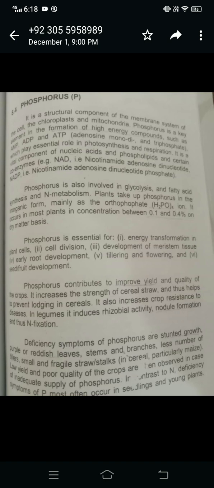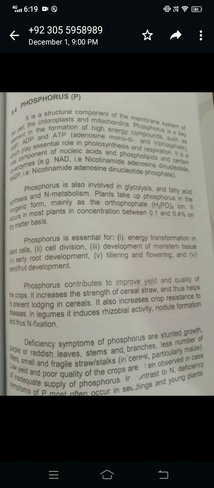Phosphorus. It is a structural component of the membrane system of the cell, the chloroplast and mitochondria. Phosphorus is the key element in the formation of high energy compounds such as AMP, ADP, and ATP, adenosine triphosphate, which has an essential role in photosynthesis and respiration.